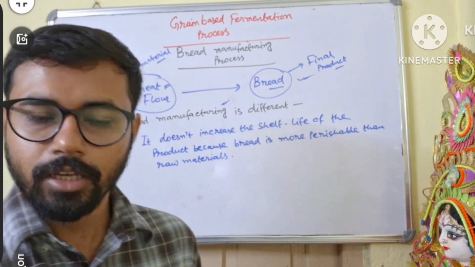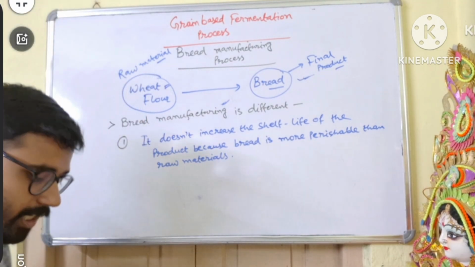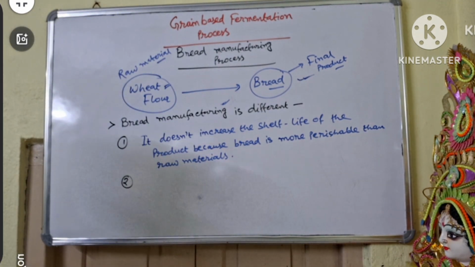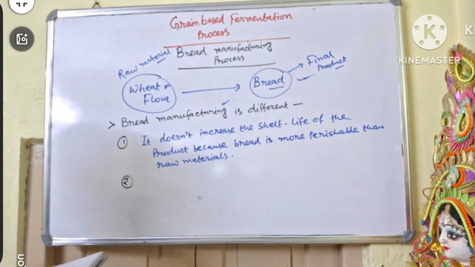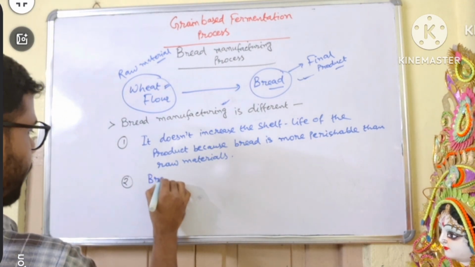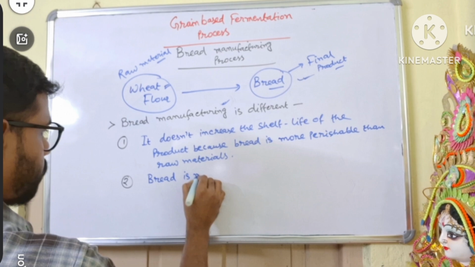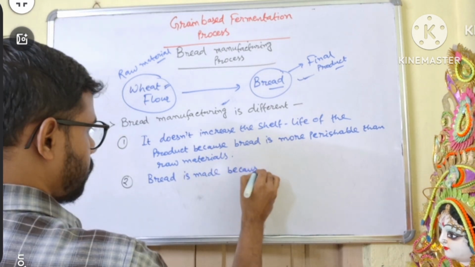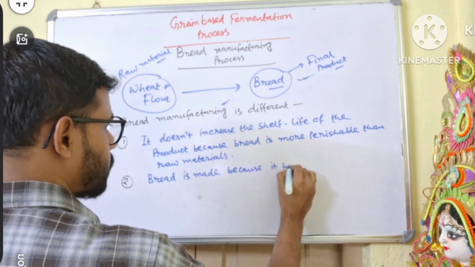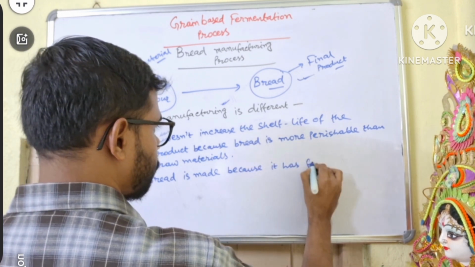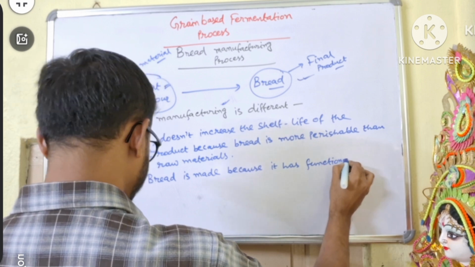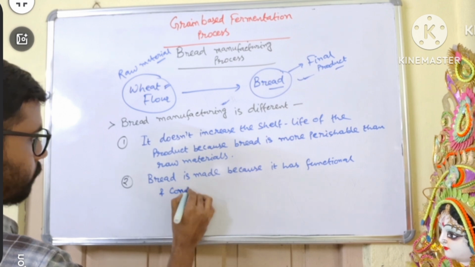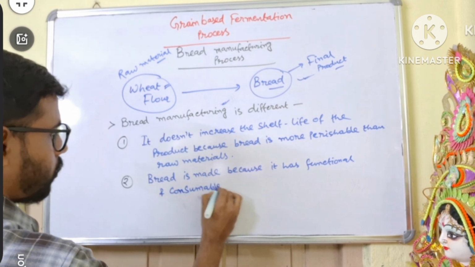So why is bread produced? Bread is produced to make a functional product from wheat grain. Otherwise, wheat grain has no role. So bread is actually made because it has a functional and consumable form.